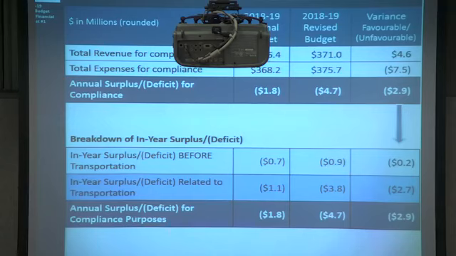With our current forecast, the deficit increases by $2.9 million, resulting in a total in-year deficit of $4.7 million. The second half of the slide breaks down the deficit between non-transportation and transportation amounts. As you read across this portion of the slide, you will see the amounts incorporated in the original and revised budgets, along with the resulting change between the two financial cycles.